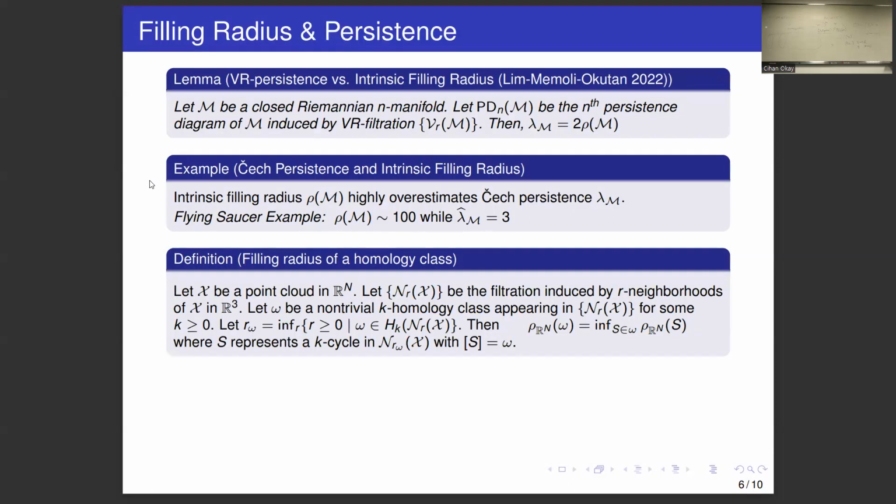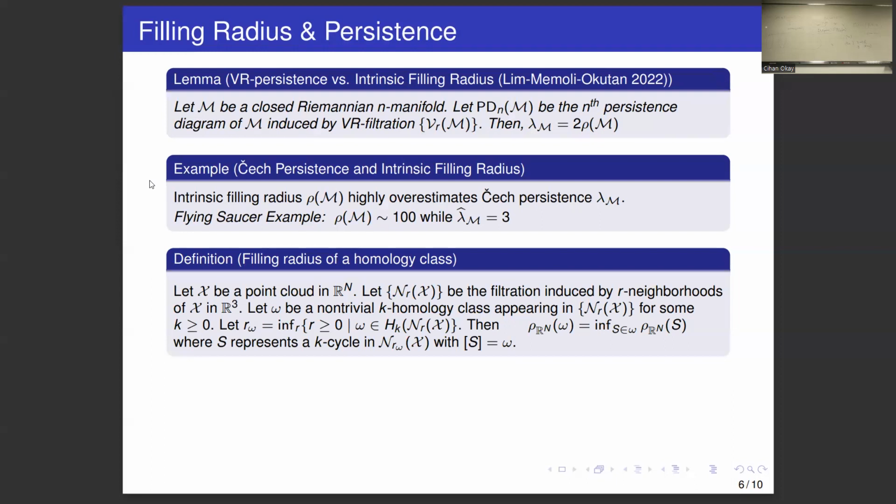Now, filling radius of a homology class. Now, I'm going to make a very natural definition. In the filtration, let's say in the persistence diagram, you see a topological feature. At the birth time, look at all the representatives. The smallest filling radius of these representatives is going to be the filling radius of the homology class.